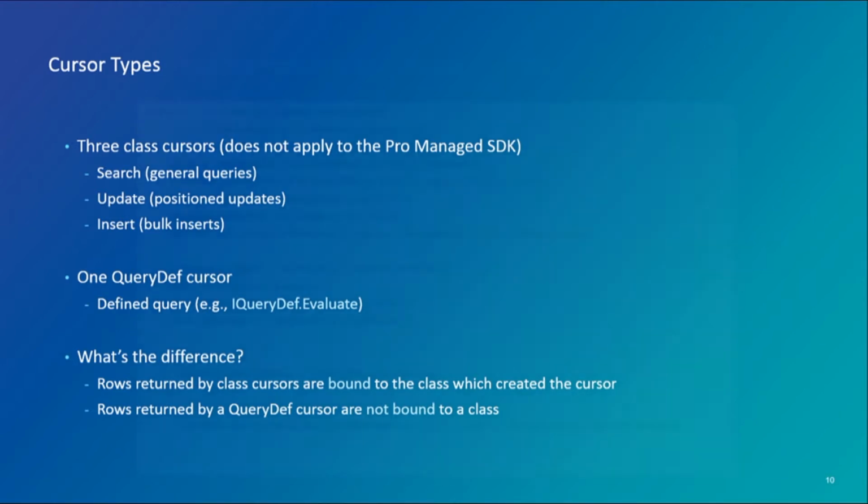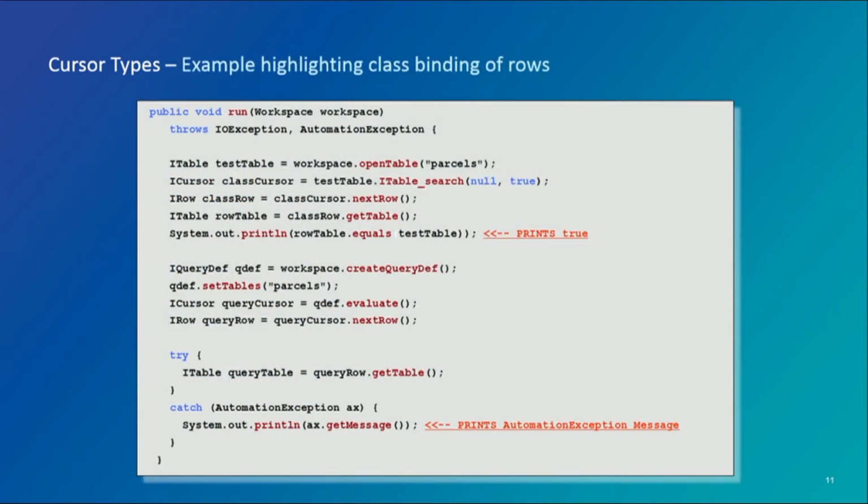Okay, so let's take a look. Here I have some code where I open the parcels table. From the table, I create a search cursor, passing in no query filter and recycling true. That's the last Boolean. From that cursor, I ask for the next row. And from that row, I ask getTable. Right?